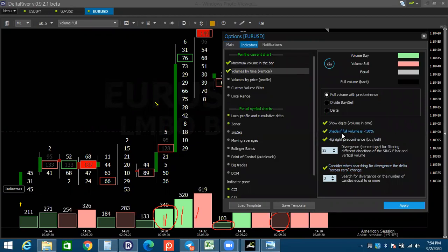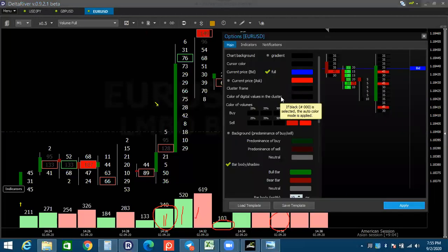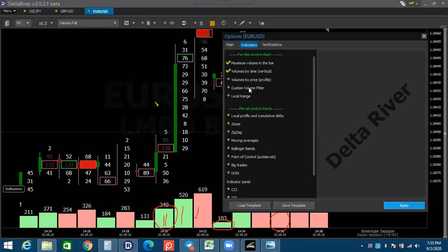Yes, there is an option: shade of volume greater than or less than 50%. If less than 50%, then you will see this type of dark volume. And if the volume is greater than 50%, then the volume bar will be highlighted. If we don't use this, all the bars are highlighted. We must tick this one because after these types of high volume, markets sometimes reverse. So we need this information.